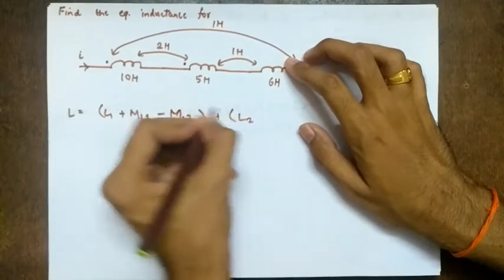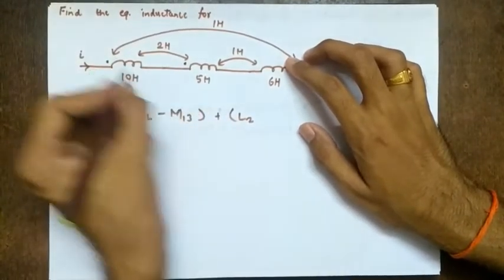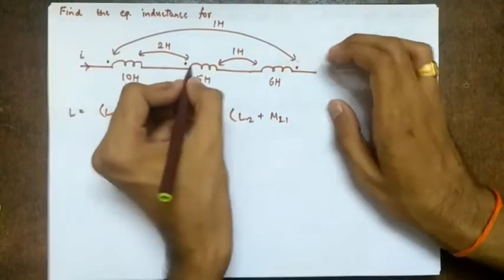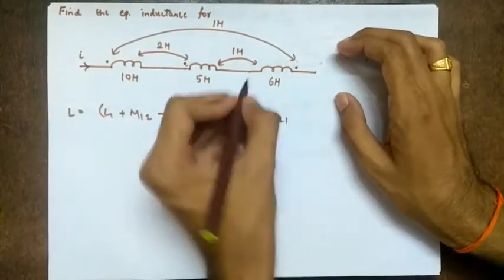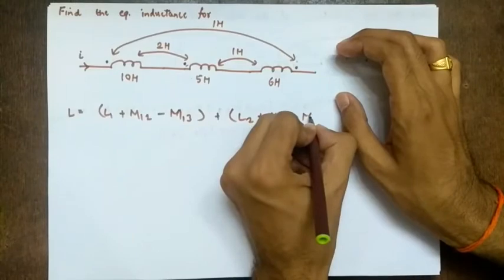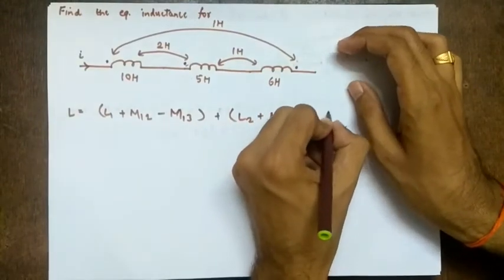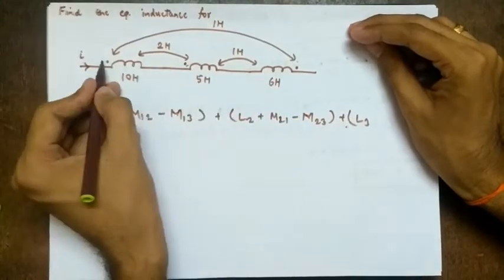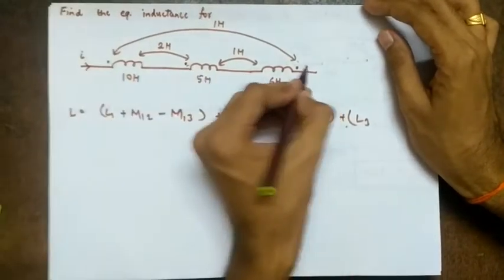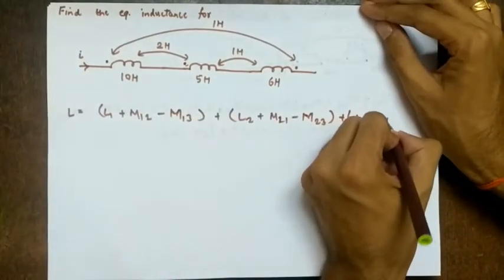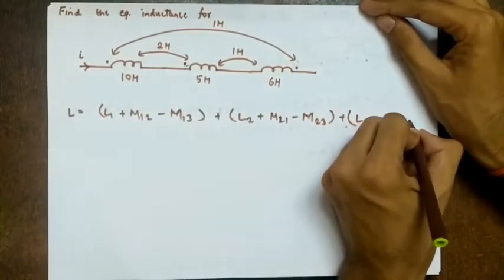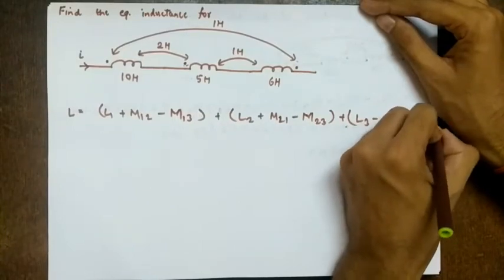Then again start with L2. M21 is entering, so plus M21. This is exiting, entering and exiting, so opposing each other, so minus M23. Then finally plus L3. L3 and 1 entering and exiting, so minus M31. Here also exiting and entering, so again opposing, so minus M32.